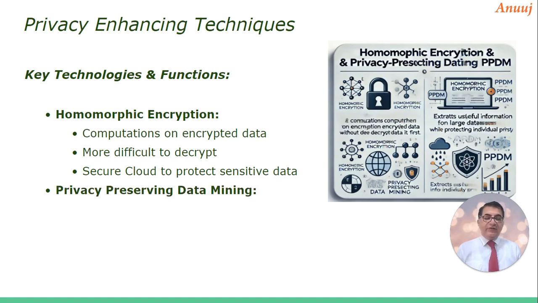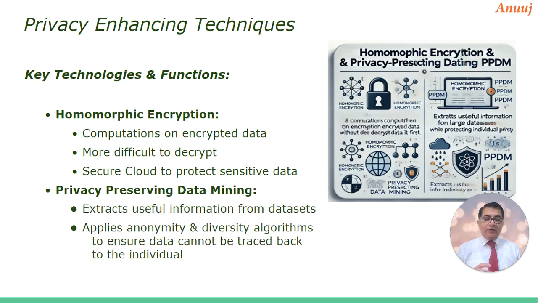Then we have a privacy preserving data mining technique where you extract all the useful information from your data sets. Now in our case the useful information is PII, the personal information of the user whose data is being stored. So you extract it and anonymize it. Put in some other words or some other algorithms so that visibly it looks like complete data, but when someone tries to read it, he does not get the full data because he does not know where you have removed the PII and put in wrong data.